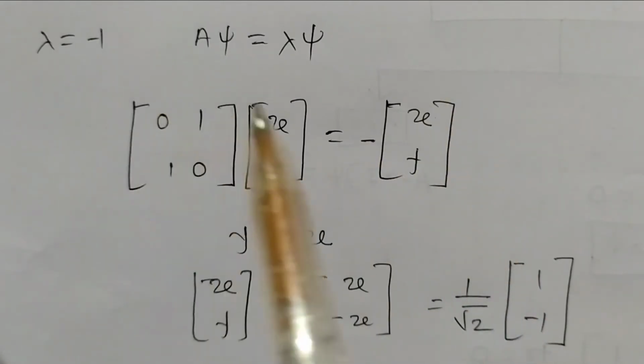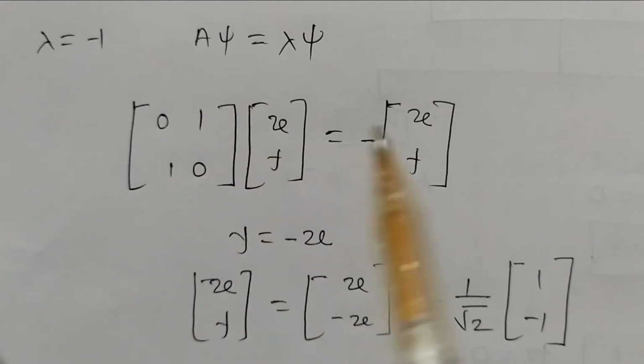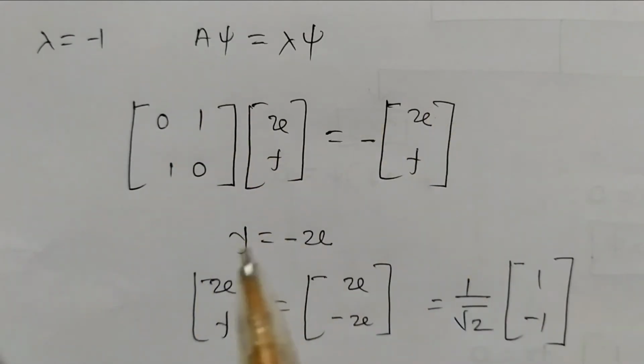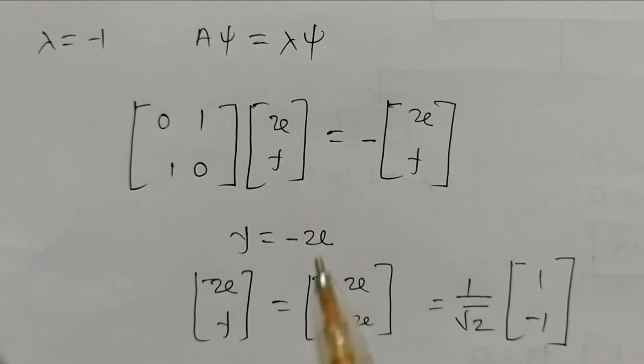Here 0 into x plus 1 into y is equal to minus x, that is y is equal to minus x. So instead of y we can put minus x, and psi is (x, minus x).